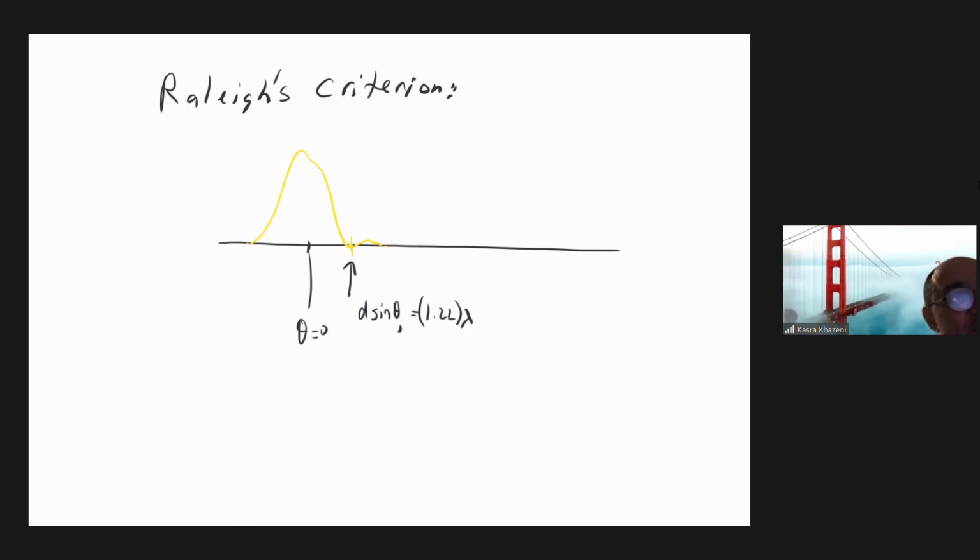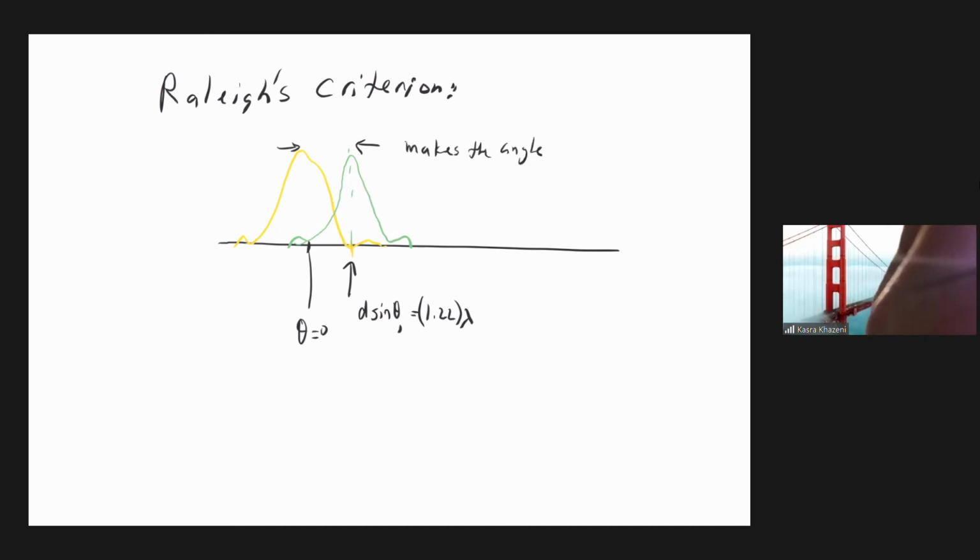Okay, so you want the second one to be, the closest they can be is if the second one is peaked right here. So this should be the minimum. This distance here, which of course is given by the distance between the two, and if the angle is too small, this makes the angle very small.